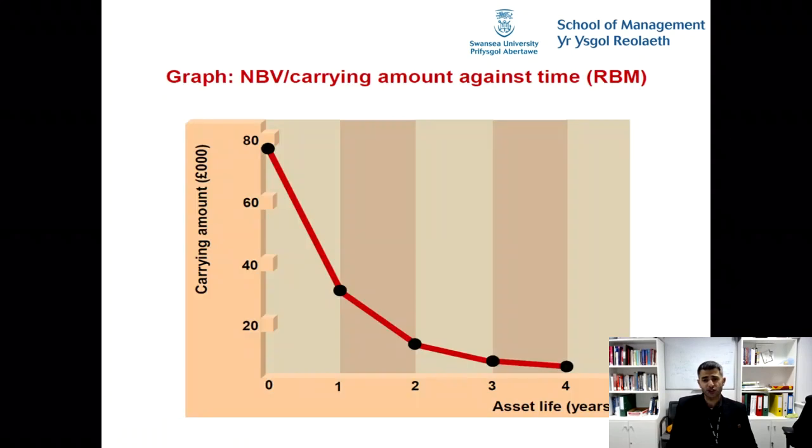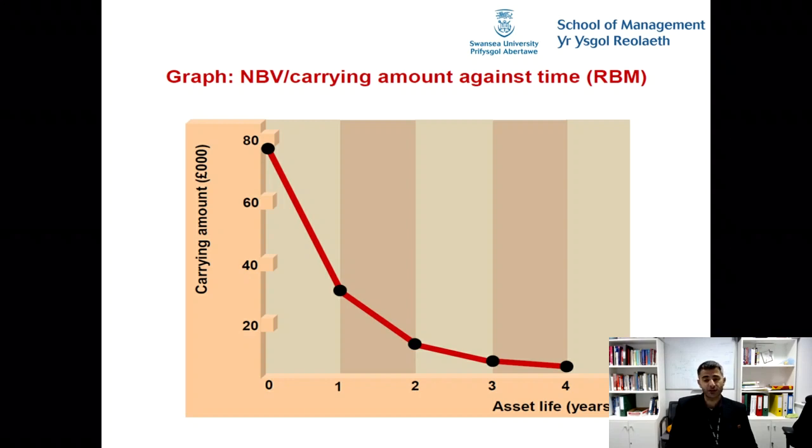If you look at this chart, this does reflect the net book value using the reducing balance method. If you look at this chart, and you go back and look at the straight line method chart, think, what is the main difference here?